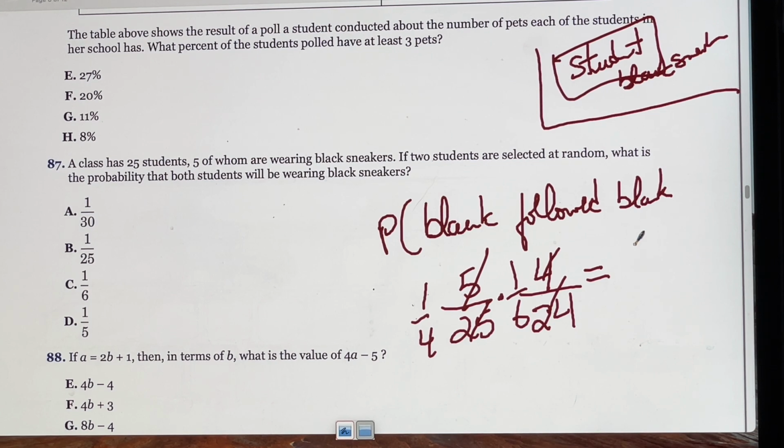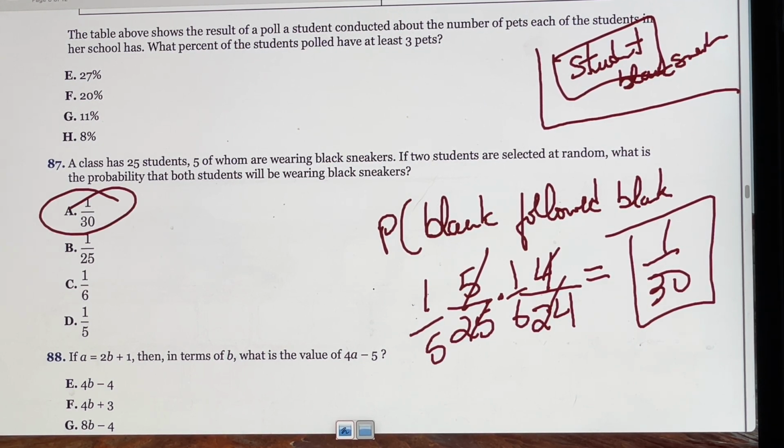What did I do wrong? Oh, sorry. 5 over 25 is 1 over 5. So this is 1 over 30. Sorry, I simplified incorrectly. So our answer is 1 over 30. So the probability of selecting 2 kids who are wearing black sneakers is 1 over 30.